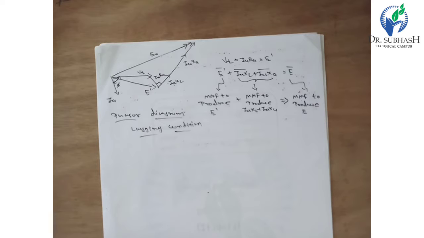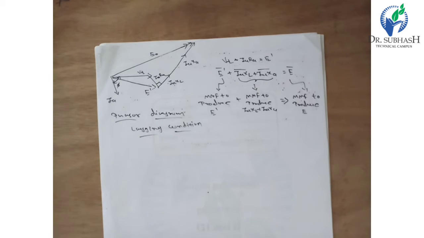We can add these two MMF values to get the resultant MMF, which is the total MMF or field MMF, and that can be represented as the EMF value. Once E is known, the regulation can be calculated. So, from the previous phasor diagram, we will make the respective MMF diagram.